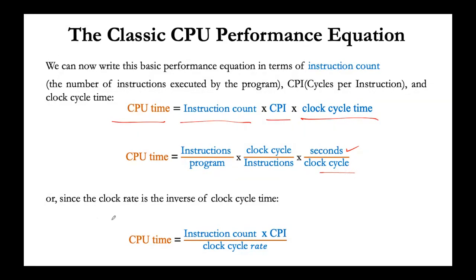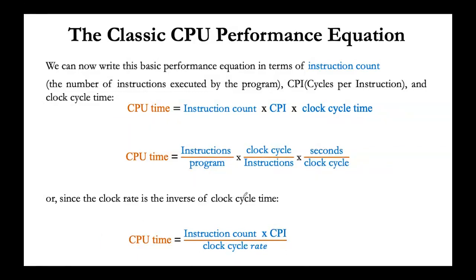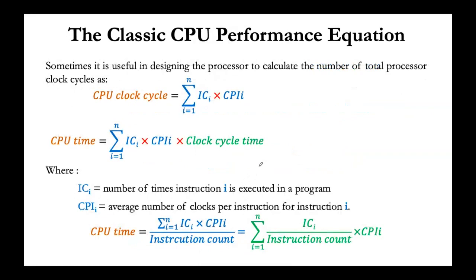Since the clock rate is the inverse of the clock cycle time, we can write the clock time as 1 divided by the clock rate. So this is the summarized equation of CPU performance.